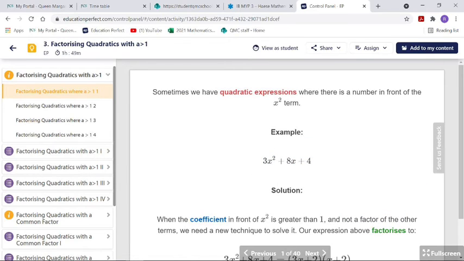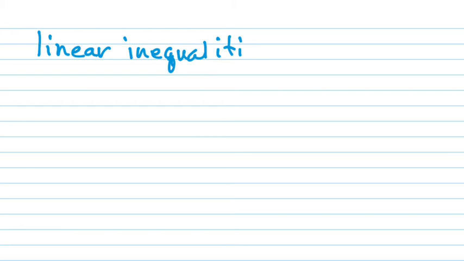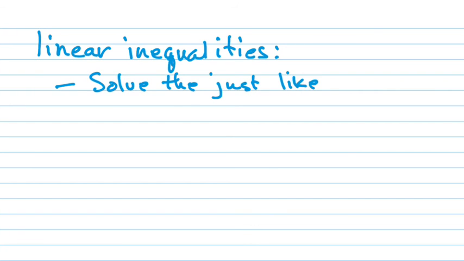All right, guys. The only other thing that we haven't done is we are going to look at what are called linear inequalities. Now, you solve these just like an equation, with one exception.